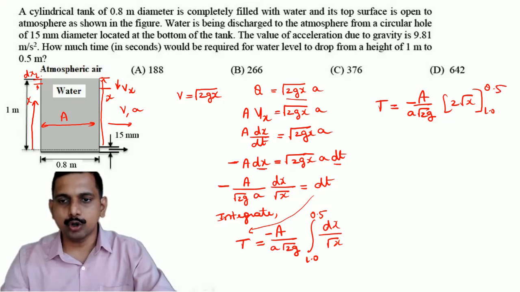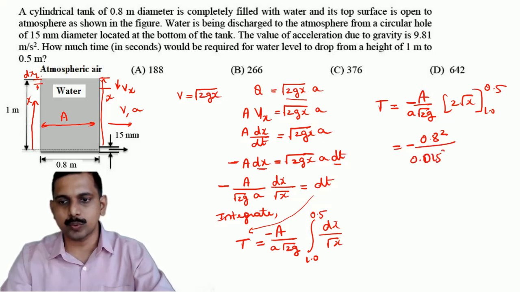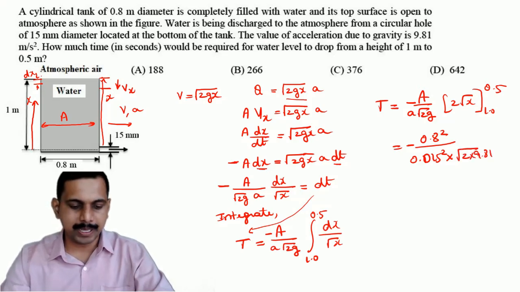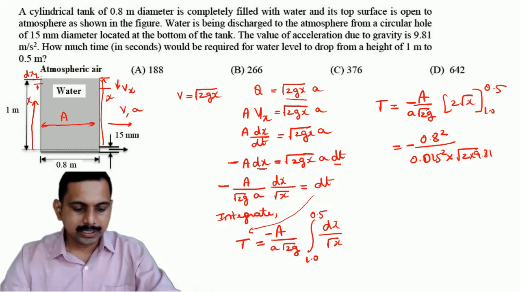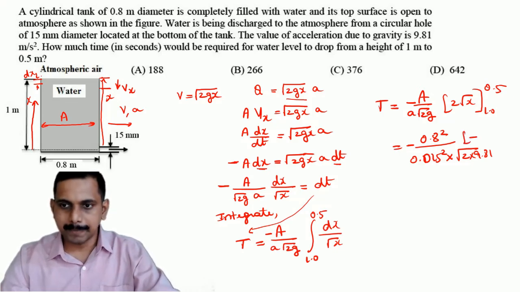Now put the value of A and a. Here you see pi by 4 cancels on both sides, so I can say this is 0.8 square over 0.015 square, into root of 2g, that is 2 into 9.81, and then root of 2x.